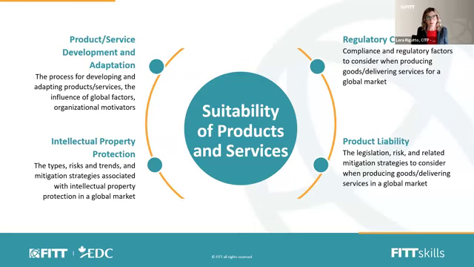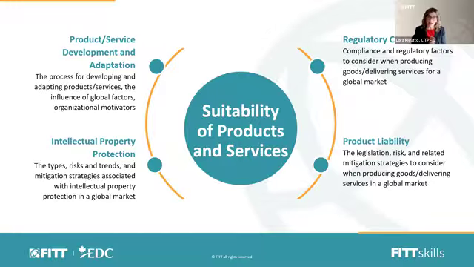We also talk a lot about, in the feasibility of international trade course, the suitability of products and services. So we're looking at adaptations that need to be made to your product or service. We're looking at that whole regulatory compliance piece.